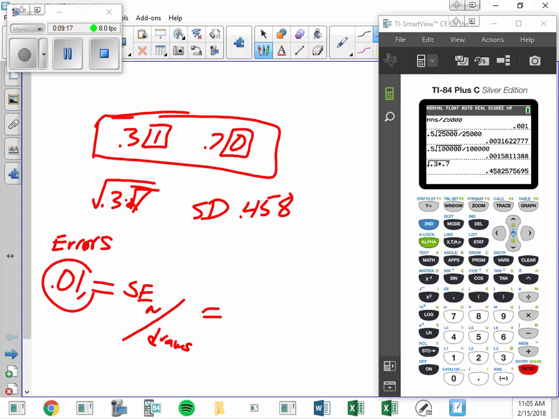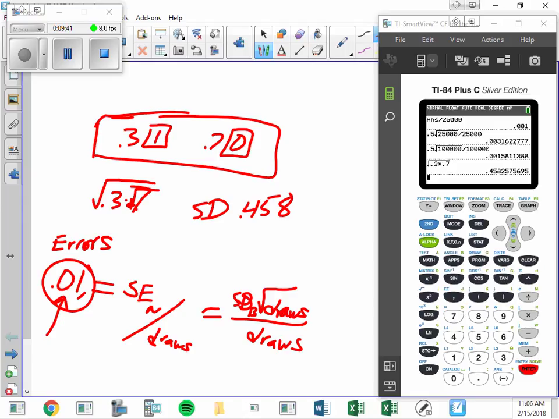We don't need to multiply by 100 because I put it in decimal form. So the SD of the box times the square root of the draws divided by the number of draws.